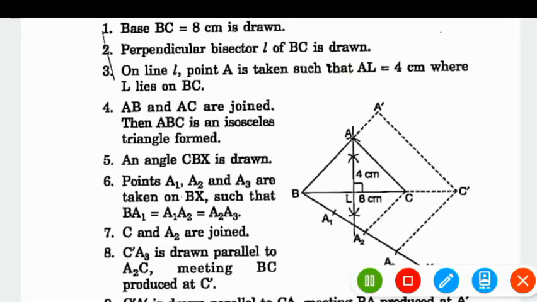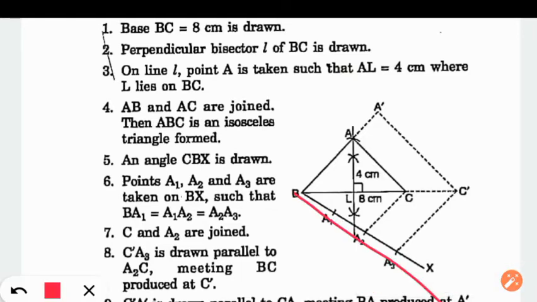Now draw any line like this from B, any angle CBX. See the fifth point: an angle CBX is drawn, any angle which is acute.